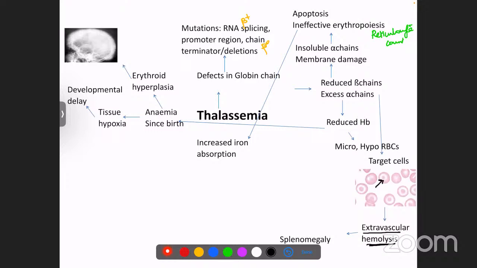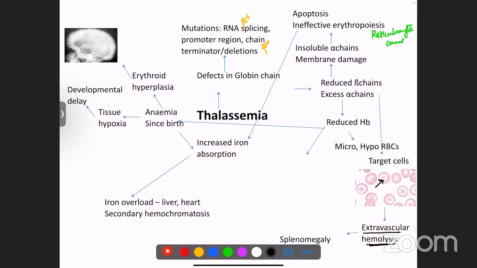What is the problem of this increased iron absorption? Another reason for increased iron absorption is anemia since birth. All this excess iron will be deposited in the iron storage organs. What are the iron storage organs? It is the liver, heart, and the skeletal muscle, leading on to secondary hemochromatosis.